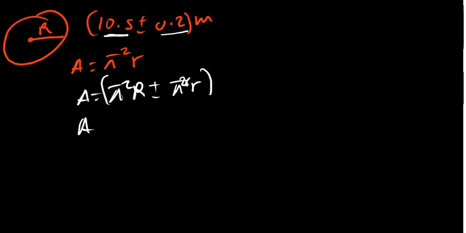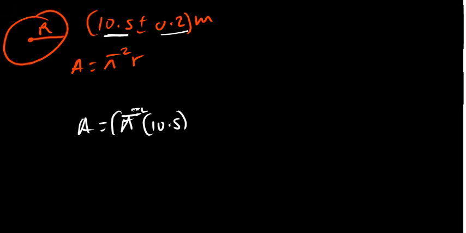So there I'm going to say that area is going to be equal to pi, then I put the radius which is in meters already, so it's going to be 10.5. Sorry, it's not pi squared r, it's pi r squared.